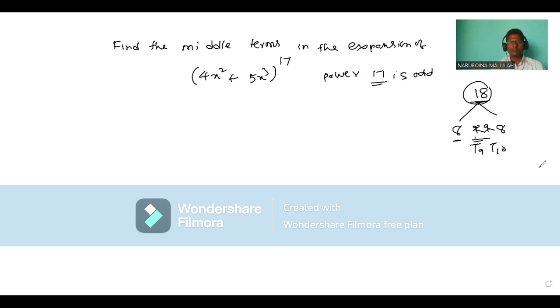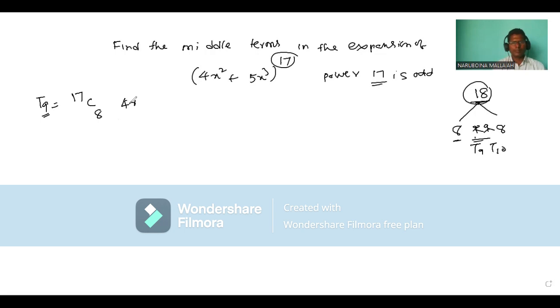We have to calculate. So let us find the ninth term. For the ninth term, n value is 17. So we know the general formula nCr into x to the power of n minus r, y to the power of r. So write first 17C, decrease this by 1, you get 8.